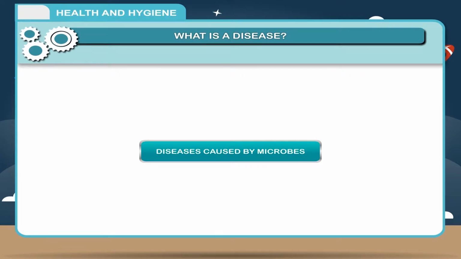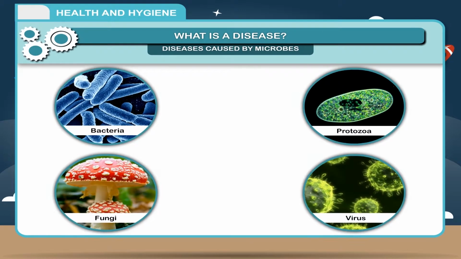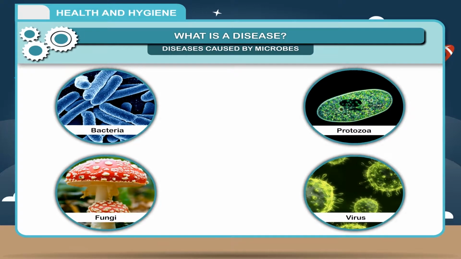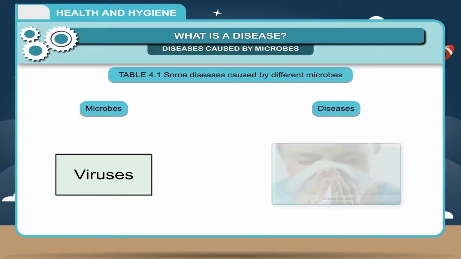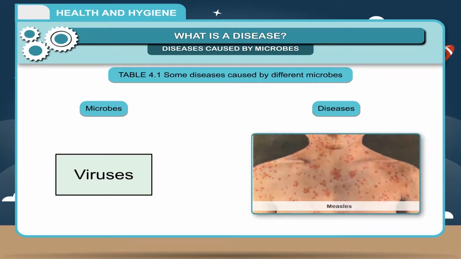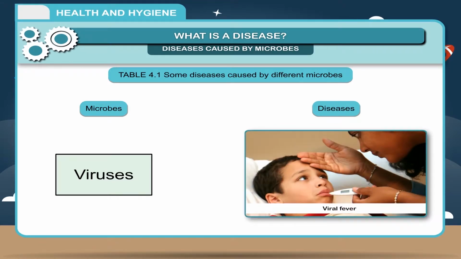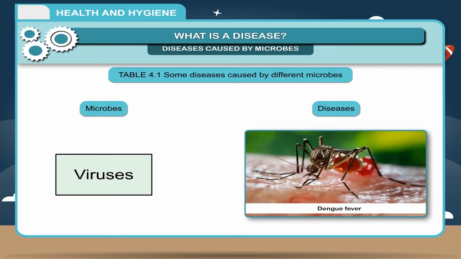Diseases caused by microbes. There are some types of bacteria, protozoa, fungi, and virus that cause various diseases. Table 4.1. Some diseases caused by different microbes. Viruses: common cold, influenza, mumps, hepatitis, chickenpox, measles, polio, viral fever, rabies, dengue fever.